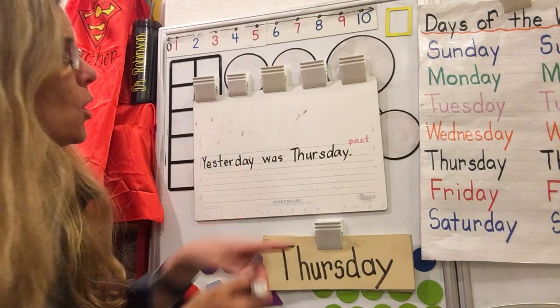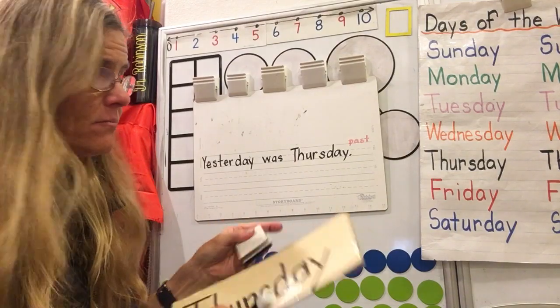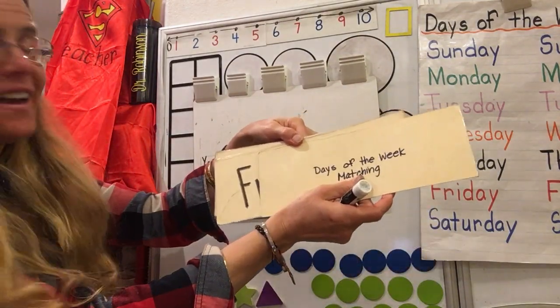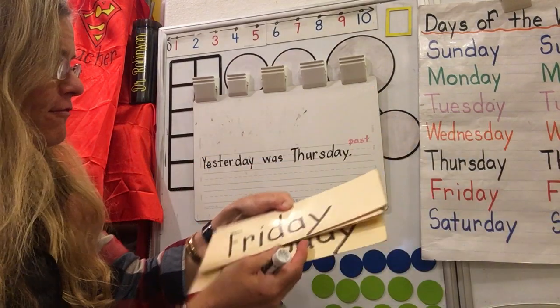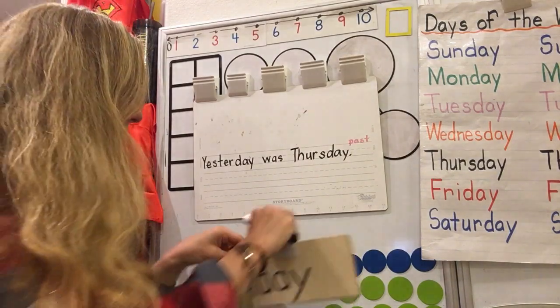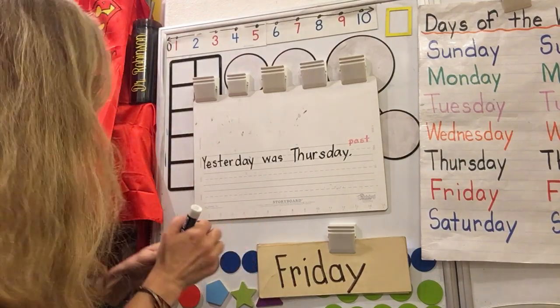So if yesterday was Thursday, then today is one day more than Thursday. Let's see. Friday. It's the last day of the school week. If we had been still in our regular school, we would be on spring break.